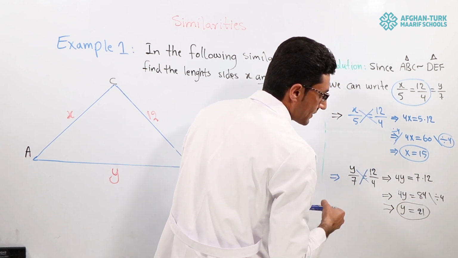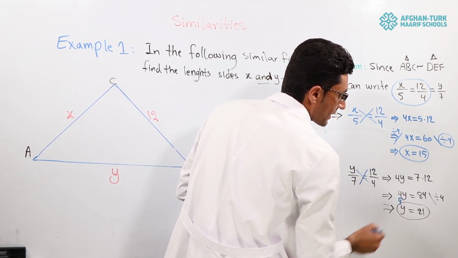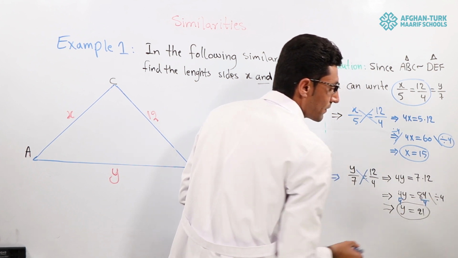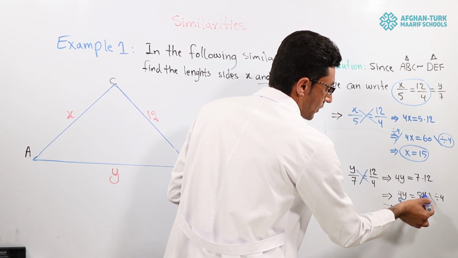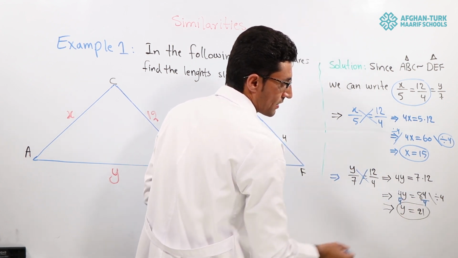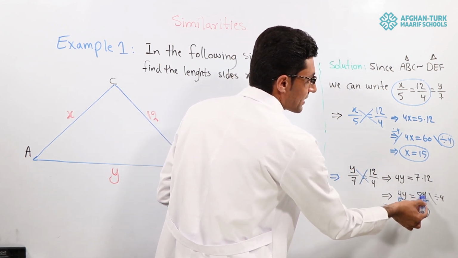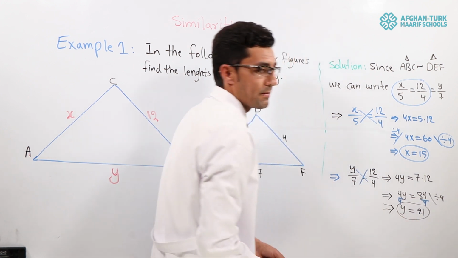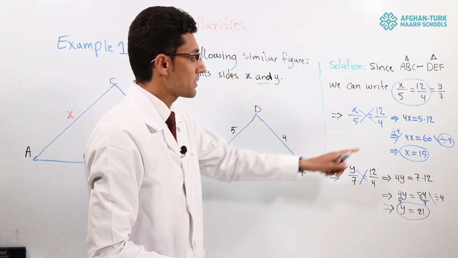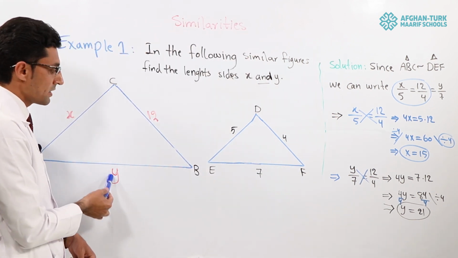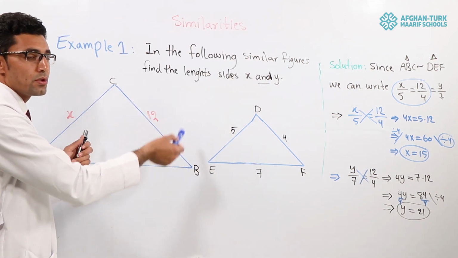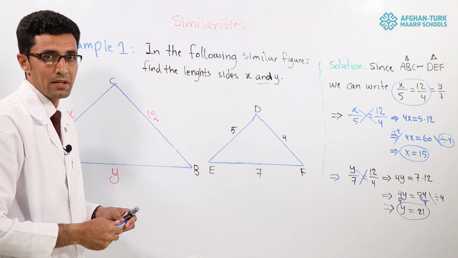This 4 will be what? Cancelled. And this 4 divides 84. Okay, these two 4s cancel. What do we have? Y. 84 divided by 4 is 21. These are the values of x and y that make these two triangles similar.